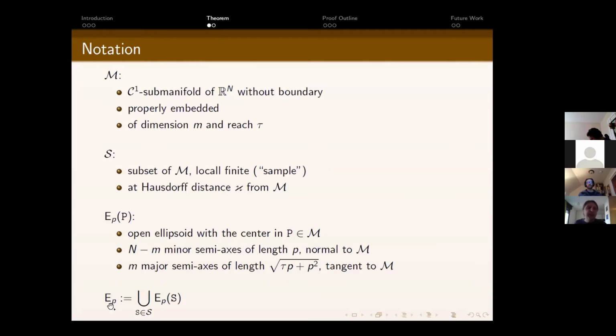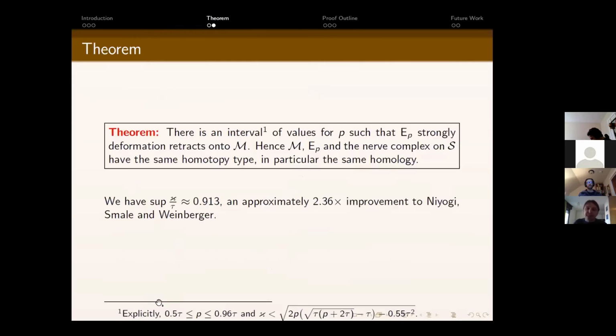Anyway, denote by EP the union of all of these ellipsoids, and then here's the Niyogi, Smale, Weinberger style theorem. We have again an interval for possible P's such that the union of these ellipsoids deformation retracts onto N, which allows us to recover the homotopy type of N, and in particular the homology.